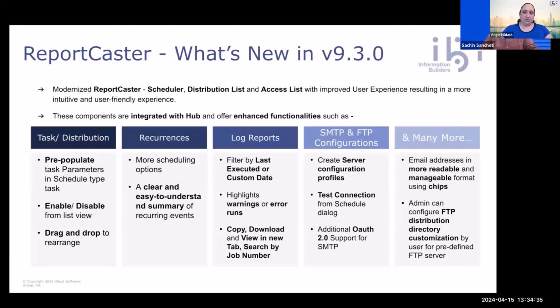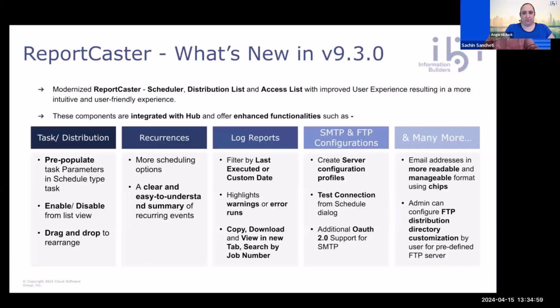On the log report, we have created 3 segments. One is last executed, all, and custom date. In the log, last executed will show the recent log report. In all, we show all the log reports. And in custom date, the customer can pick and choose the time and date range for which they need to see the log reports.